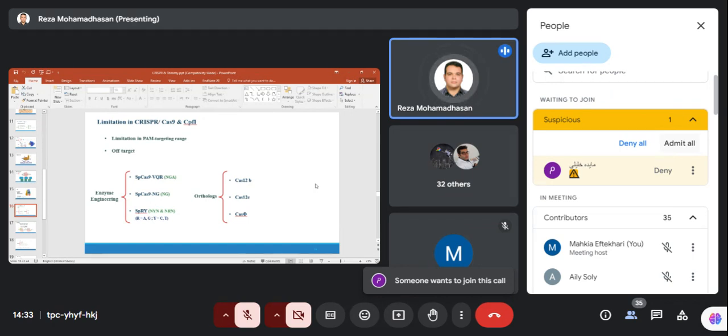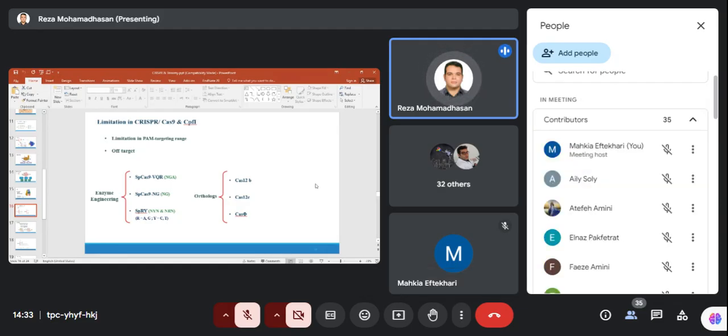So the first limitation can cause the second one. The short PAM site can increase the rate of off-target effect. What is off-target effect? Off-target effect is that the CRISPR system sometimes cannot be specific and may target some undesired region in the DNA.